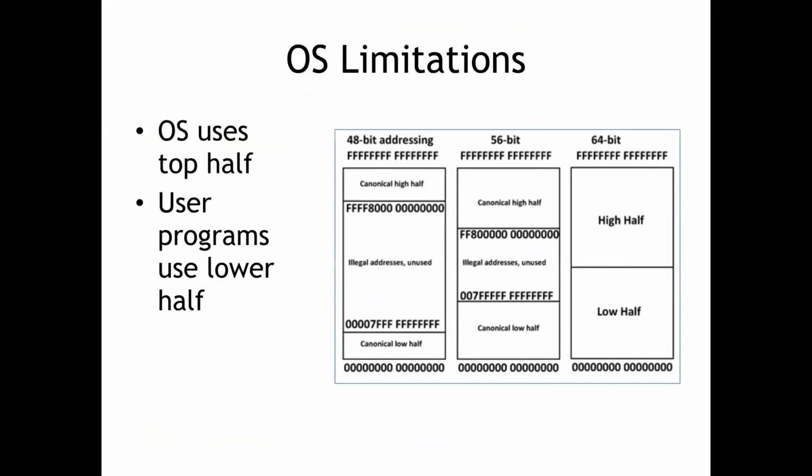Any attempt to use those addresses will result in an exception because they are not available. Now, if we actually had 64-bit addressing, it would all be available, but it would still be split into two halves. Yeah? What is that unavailable? Is that for the kernel? No, the unavailable part cannot be addressed because you are not implementing those bits for the addresses.